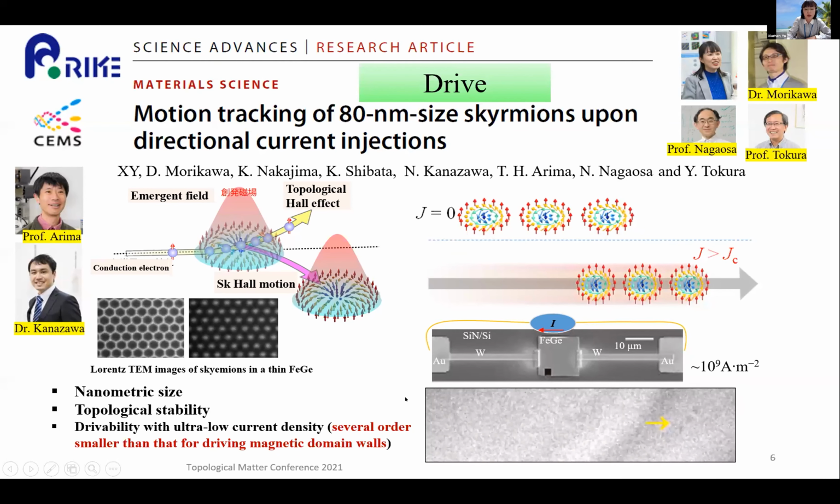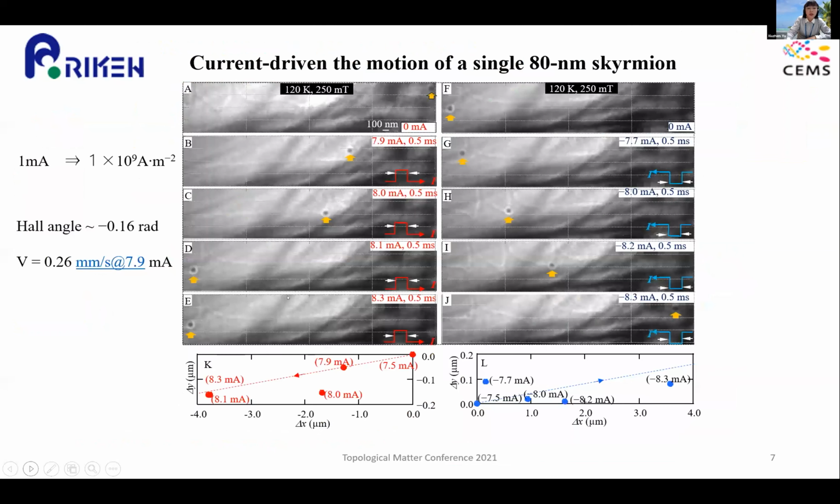We use a current pulse to probe the whole motion of this chiral skyrmion with 80 nanometer size, quite small. In this panel, I use this small electron current to track the single skyrmion motion in this chiral lattice magnet, iron germanide.